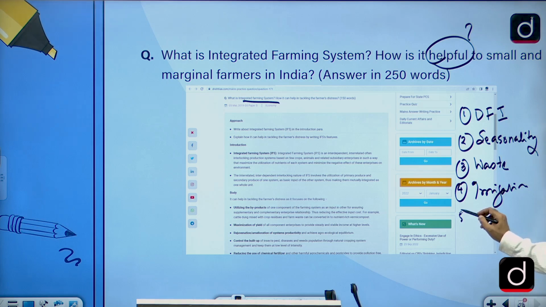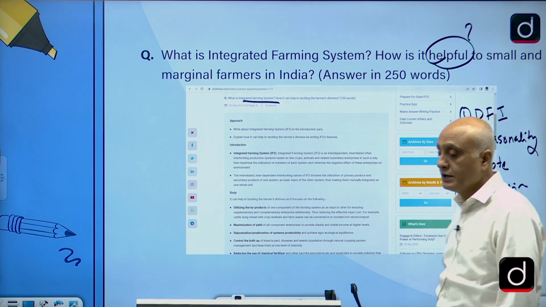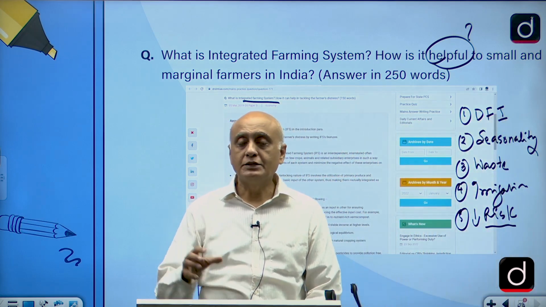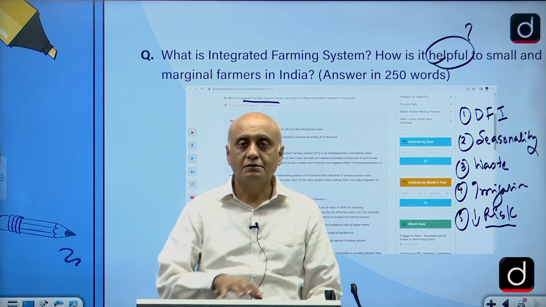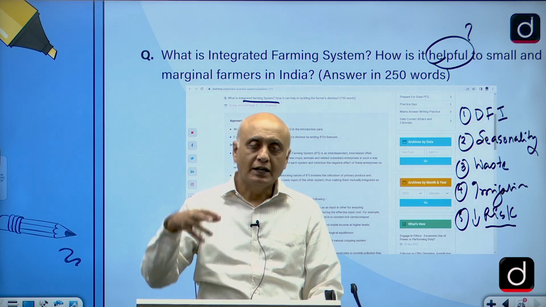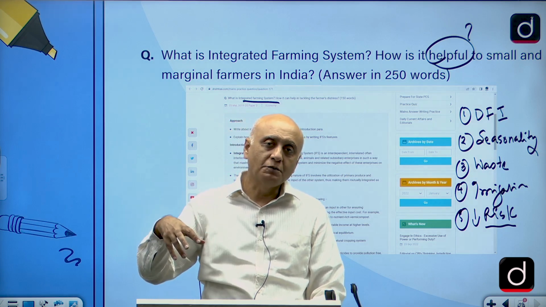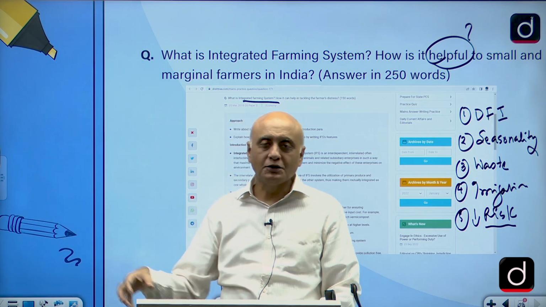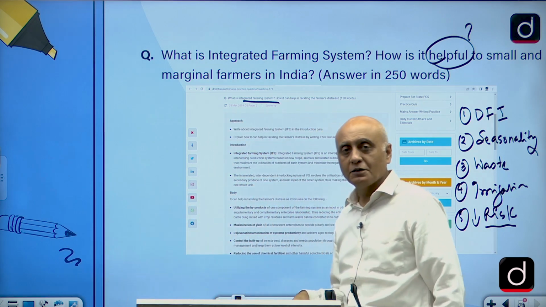Ultimately, integrated farming is going to reduce the risk for farming, because if you are doing some 7-8 activities in the same farm, then it's not that everything will fail. You are doing a couple of activities, and when there is a problem in one part, you can get coverage from the second or third part of the integrated farming technique.